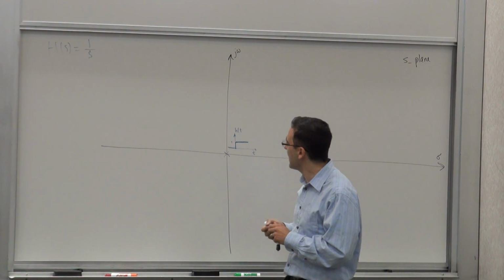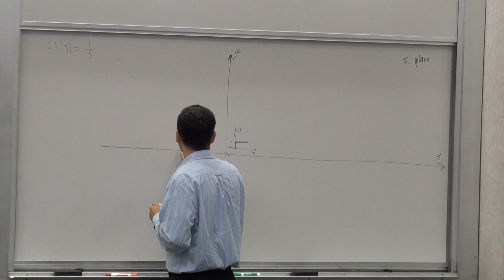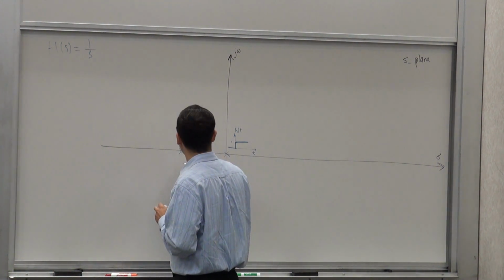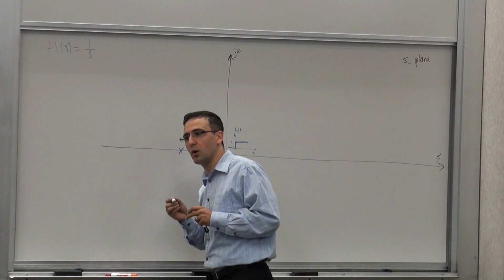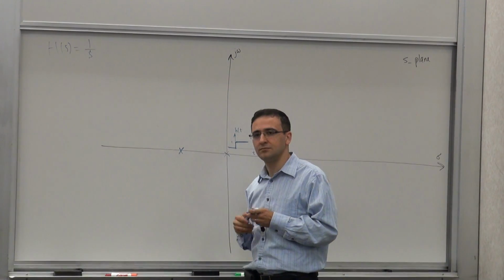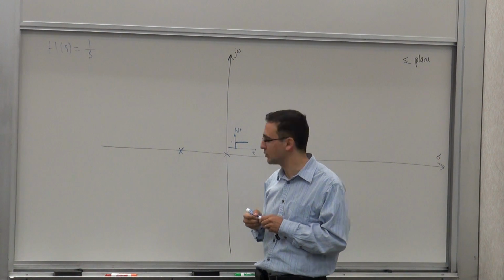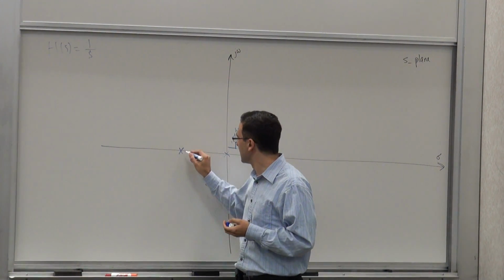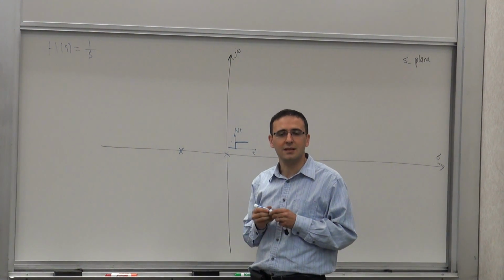So now, what if I have a pole at a different frequency? Let's say now my transfer function is a system with a single pole, whose frequency is here. What does the impulse response look like?